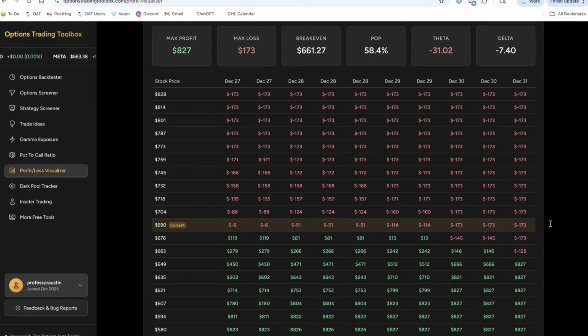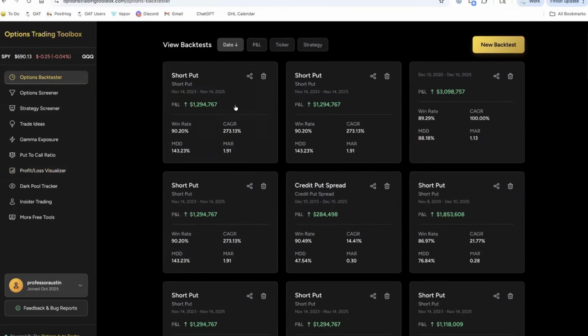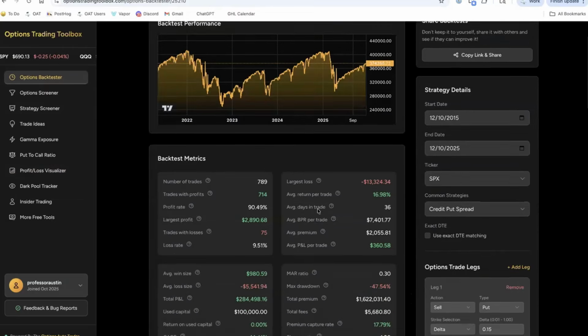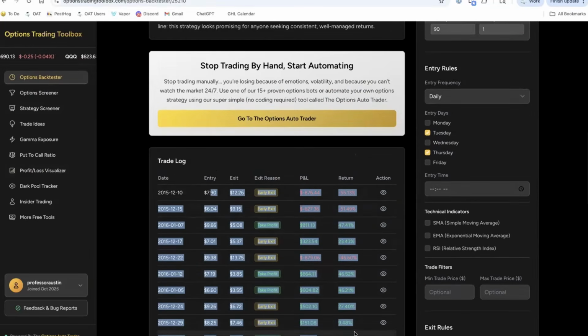Yeah, so the backtester alone took me almost a month to build out, to make it good, to make it right, add all these features, but also for accuracy. I backtested it myself and then I ran it against 2 or 3 other different options backtesters just to make sure we're as accurate as possible. And it also takes a while because once you backtest something, you then have to historically go through it and be like, okay, cool, let me look at all these trade logs and make sure that all this data to my knowledge is correct.